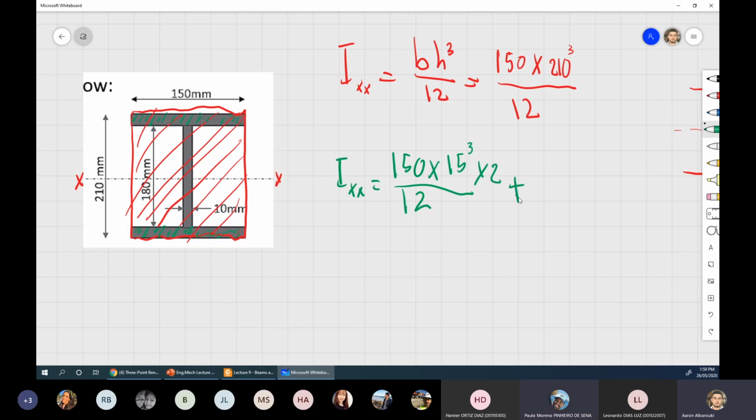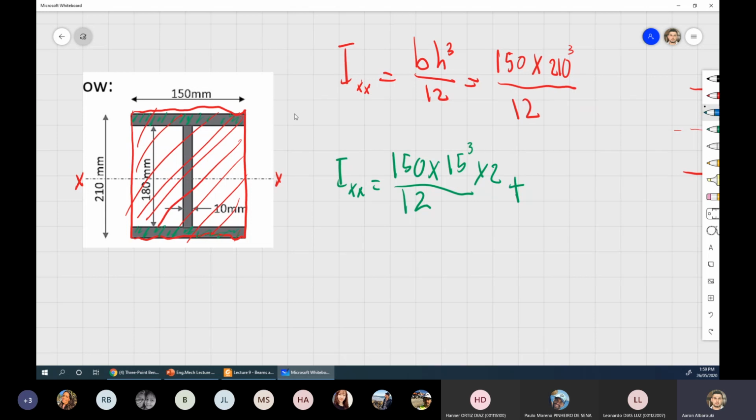That's the mistake I don't want you guys to make. Thanks very much for that, Paolo, and thanks for thinking about this. This is a very common mistake, and that's why I was very clear when I said you can add and subtract things from each other. That's correct, as long as the centroid is on the neutral axis.